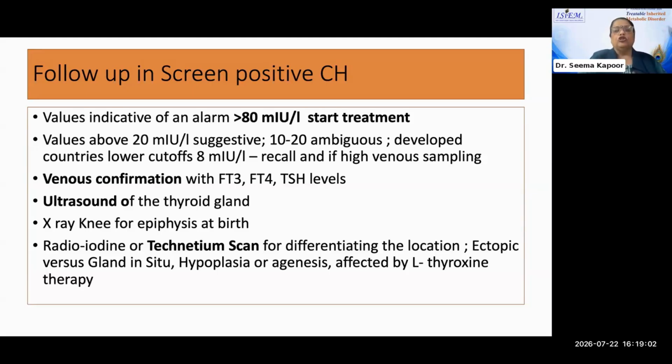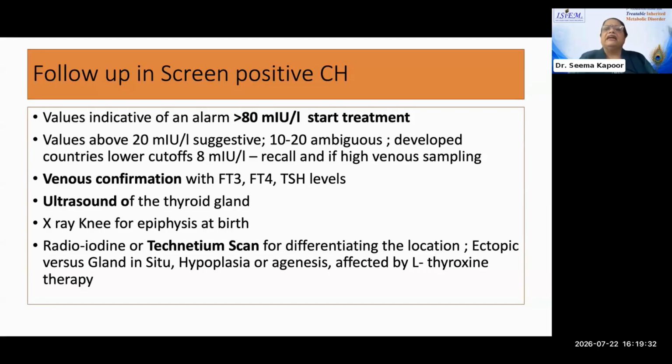What do you do? So you had a first test, and now the confirmatory test. The confirmatory test is T4, TSH, and T3 levels. You may not do FT3 and FT4. And this cannot be done by the same technology, which is immunoassay or time-resolved fluoroimmunoassay.